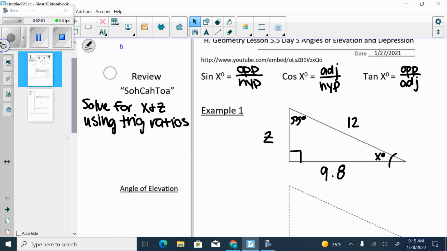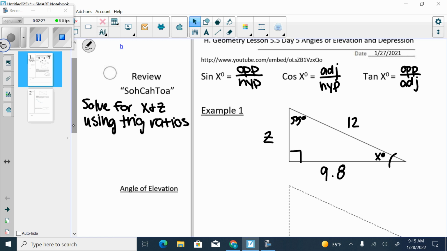Here's our angle with the x in it. Whenever we're solving a problem, we can only have one variable in it at a time, right? So whichever sides I use have to be sides that I have a real number value for. I can't use z right now, and I'm also trying to find x. So the two sides that we do know, what sides are they in relation to that angle?